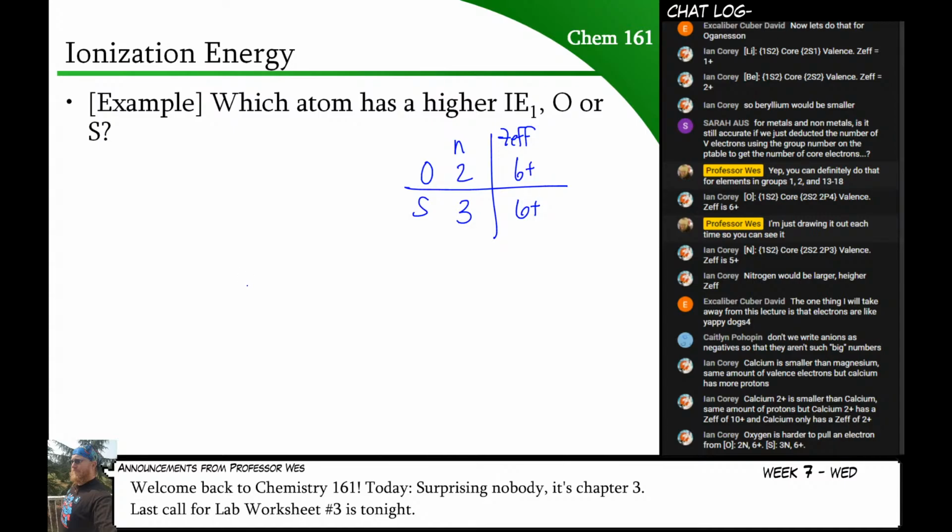Well, as the electrons get further away, which is what N is telling us, they get easier to take. So I want the one that is harder to take, and that's this one. So I would say oxygen is smaller. Electrons are closer to nucleus, and harder to remove.